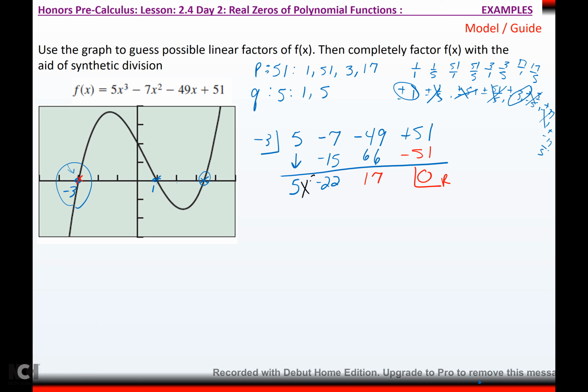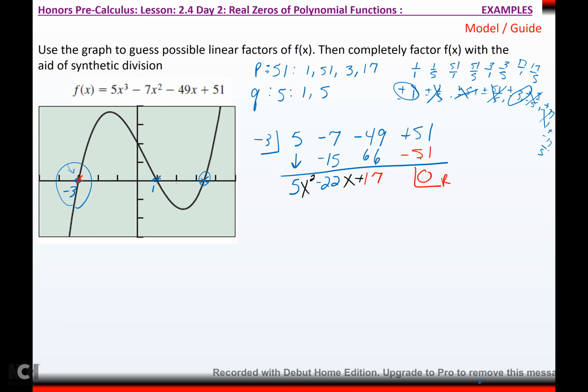So now I have 5x squared minus 22x plus 17. If I wanted to now, I could do quadratic formula to that. I could factor that. I could complete the square with that. It's now a second degree equation, which we have tools to solve.